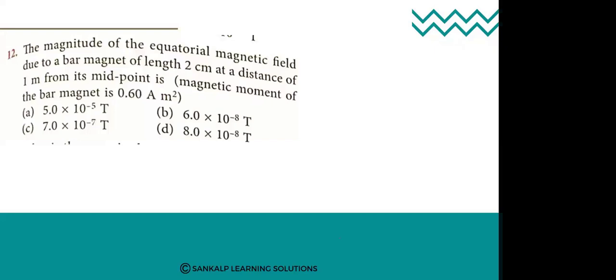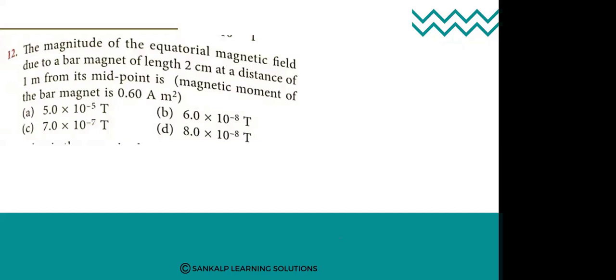The magnitude of the equatorial magnetic field due to a bar magnet of length 2 centimeter at a distance of 1 meter from its midpoint is. Here you need to calculate the magnetic field. Magnetic moment is given.